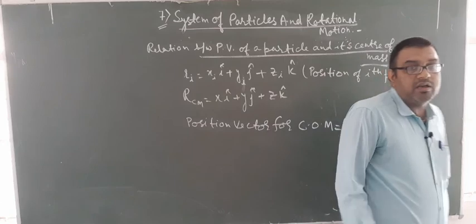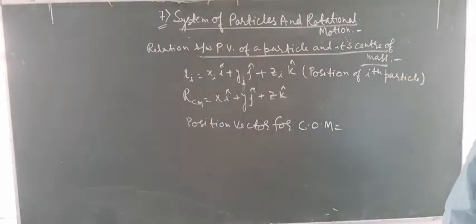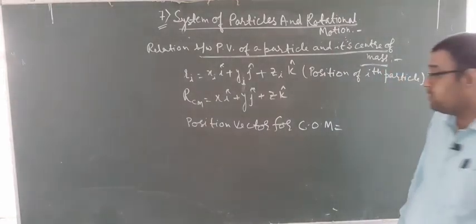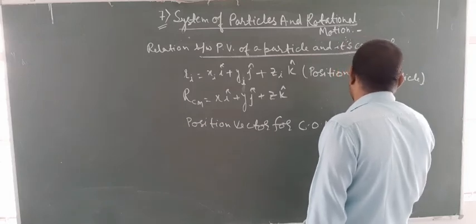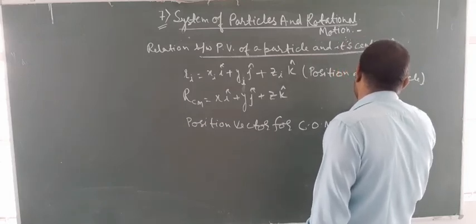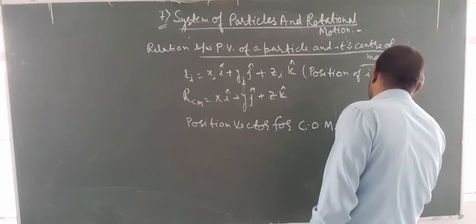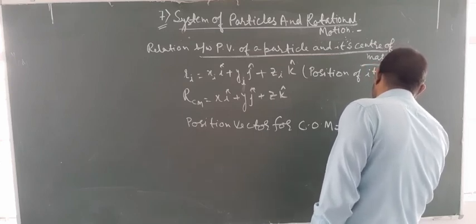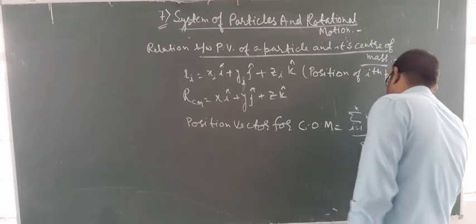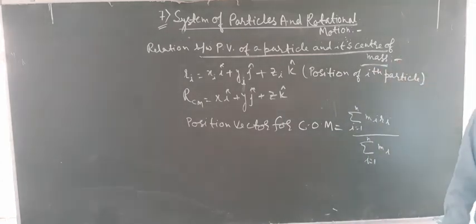How can you represent the position vector of the center of mass? That is equal to summation i equals 1 to n of mi ri upon summation i equals 1 to n of mi.